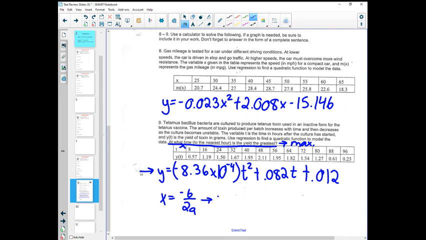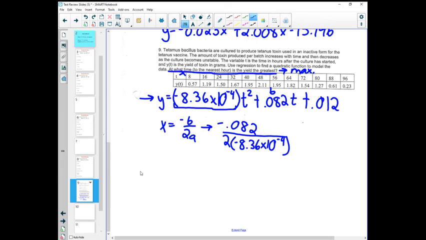Let's just plug that in. Negative 0.082, because that's b here, over 2 times this value, which makes up a. Make sure that all goes in parentheses, by the way, when you type that into your calculator. When you type that in, you're going to get a decimal that is close to 49.